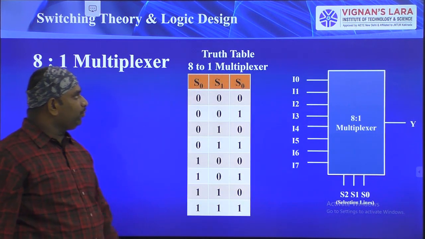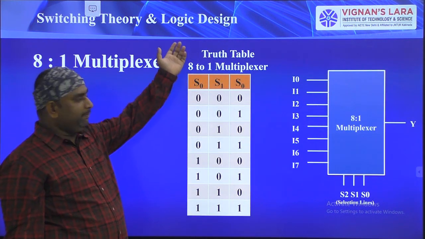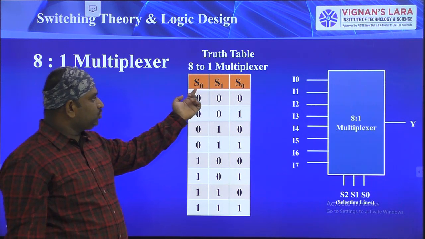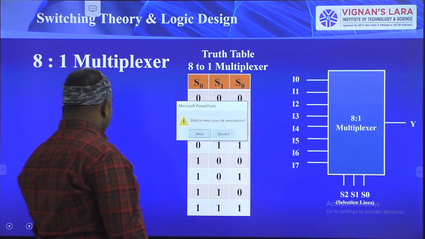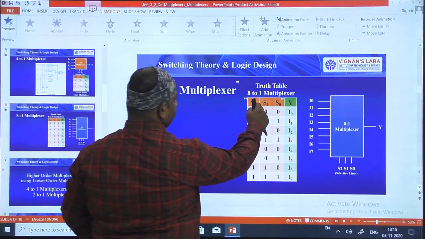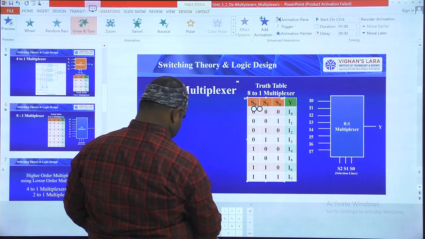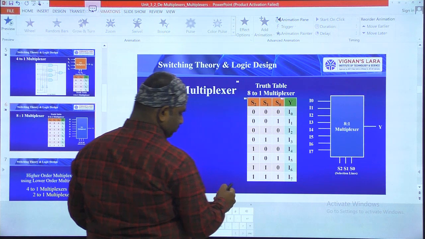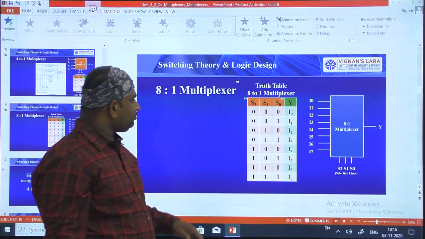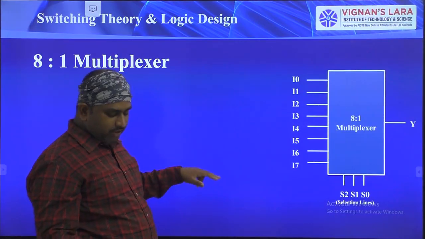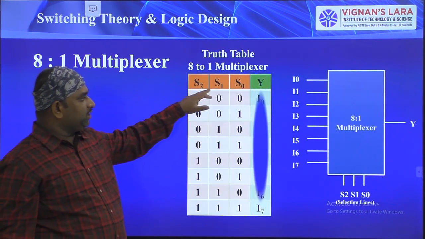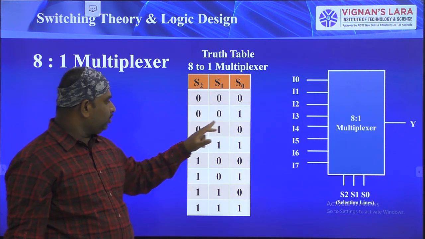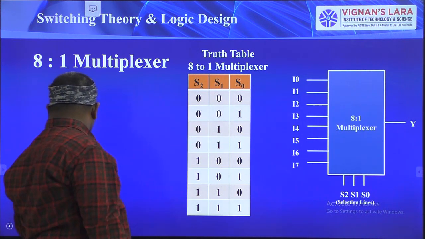Now coming to the truth table for this 8:1 multiplexer. For the 3 input selection lines, S2, S1, S0, we have the maximum possible combinations 000, 001, 010, 011, like that.